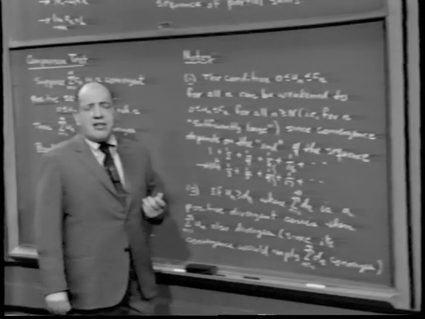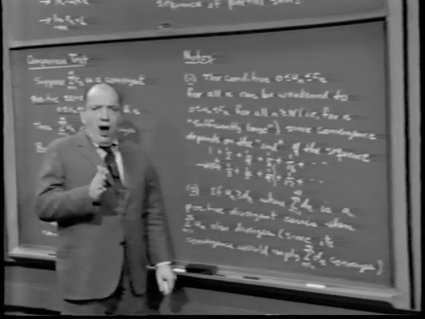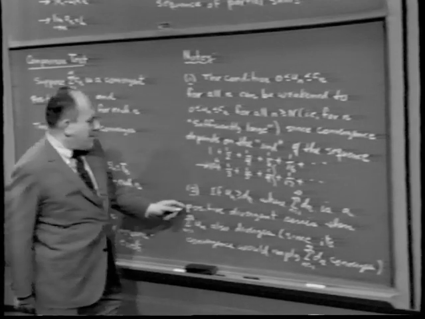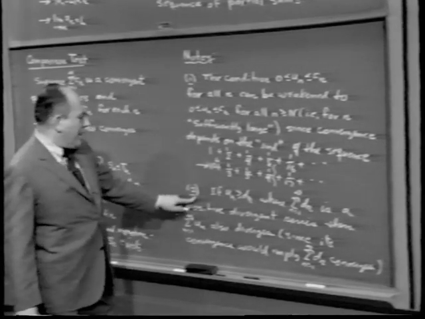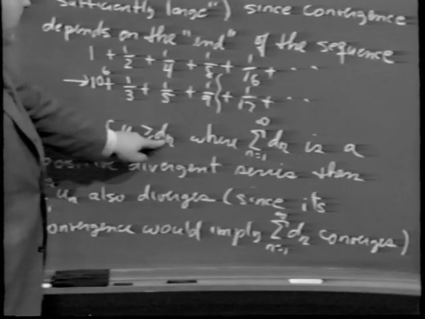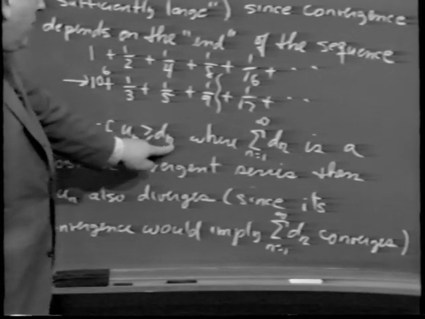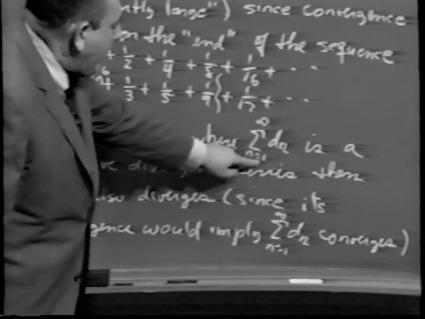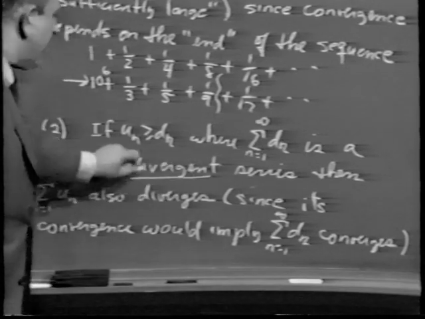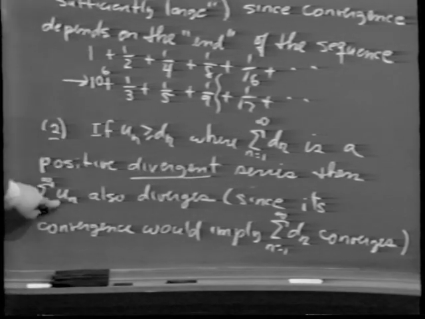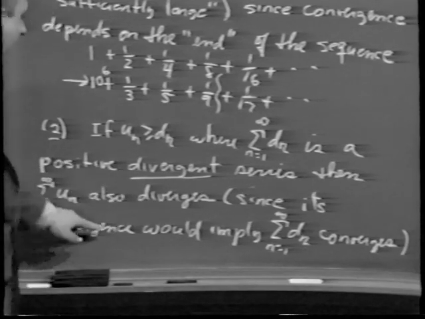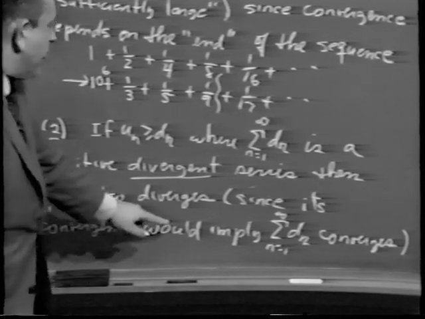That the comparison test really hinges on what? Beyond a certain term, you can stop making the comparison. And the second observation is the converse to what we're talking about. Namely, if we know that U sub n is at least as big as D sub n for each n, where the series summation n goes from 1 to infinity D sub n is a positive divergent series, then this series, summation U sub n, must also diverge, since its convergence would imply the convergence of this.